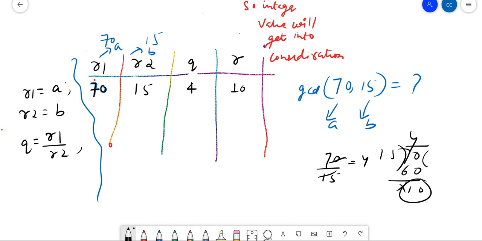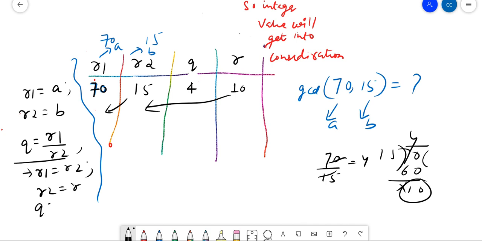Now next step, what are we doing? We are putting these values here. In the next iteration, R1 becomes R2, then R2 becomes R. And the remainder R equals R1 minus Q into R2.